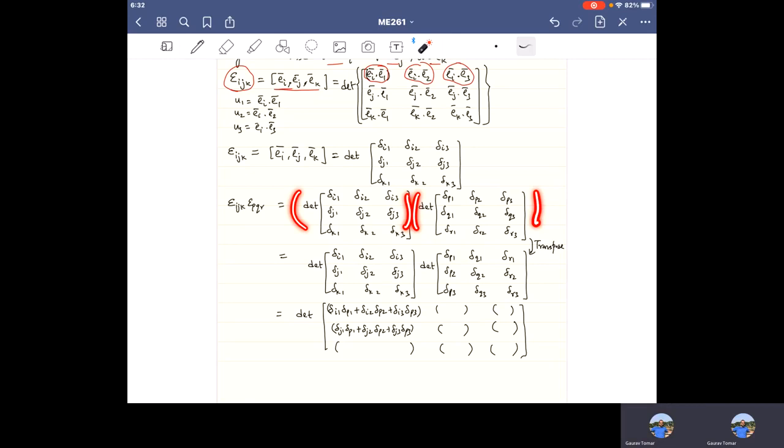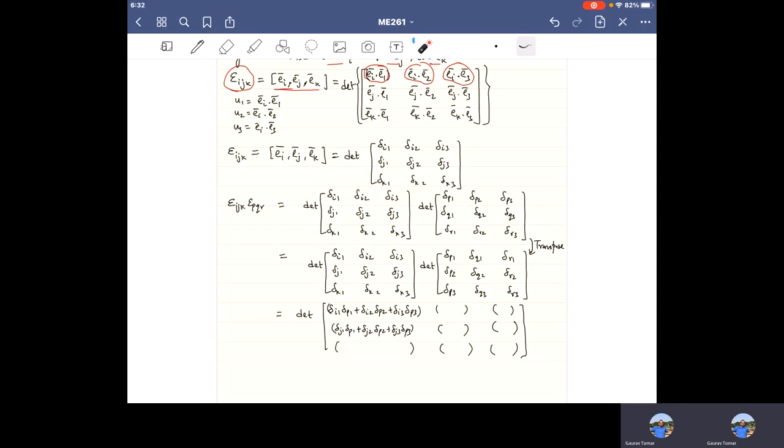So if you have taken determinants, you have two determinants now multiplying, and because the determinant of A into B is the same as determinant of A into determinant of B, using this property, we can multiply these two and write them in this fashion.